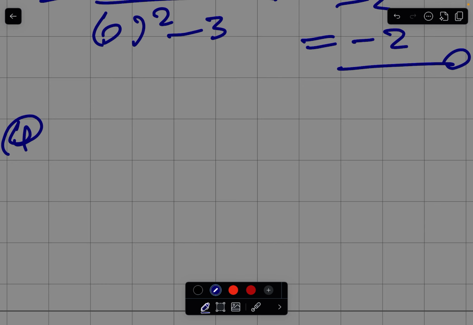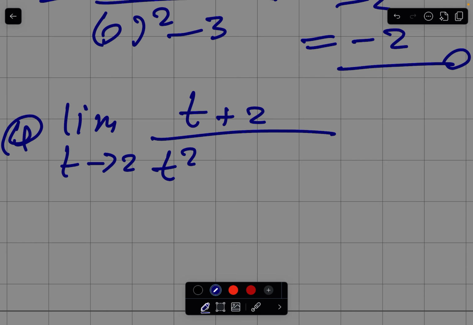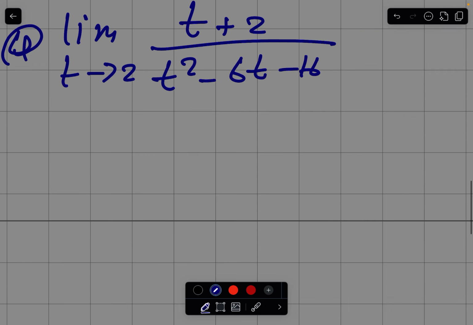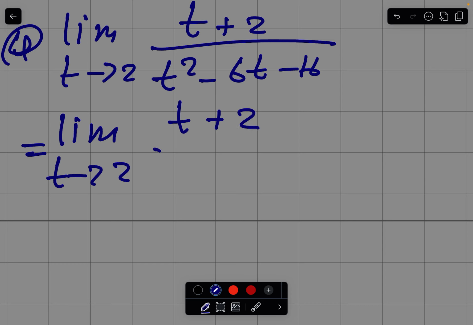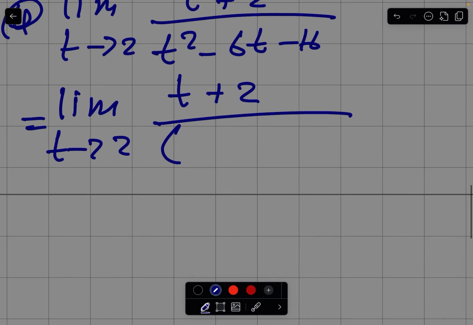Understand? Then number 4, we have this limit: the limit as t approaches 2 of t plus 2, all divided by t squared minus 6t minus 16. You're going to find the factors in the denominator, since when you substitute you're going to get undefined. Don't leave the limit before you substitute, you're going to get it wrong.